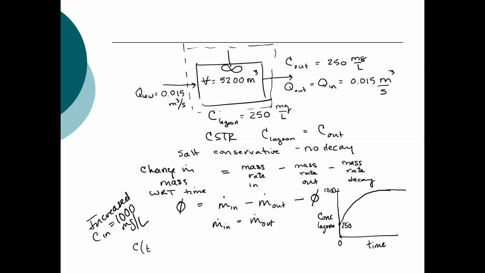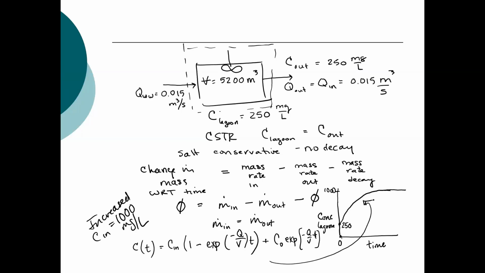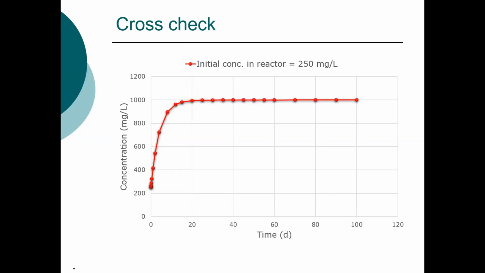The equation that we can use is that the concentration at any time is equal to the concentration entering times (1 minus e to the minus Q over V times t), plus C sub naught times e to the minus Q over V times t. Okay. So this is the equation that we would use right here. This is what the plot looks like.